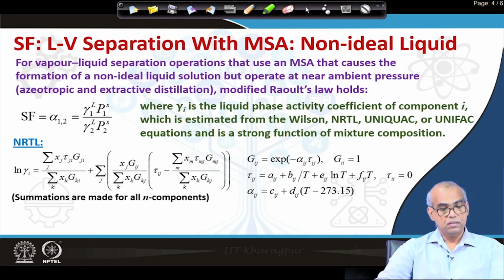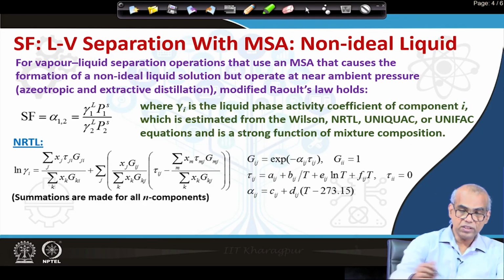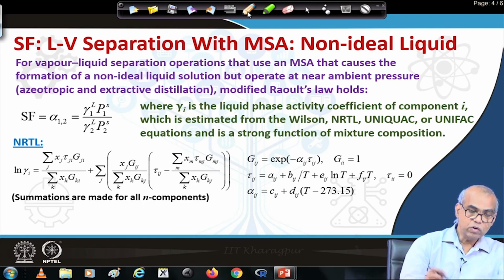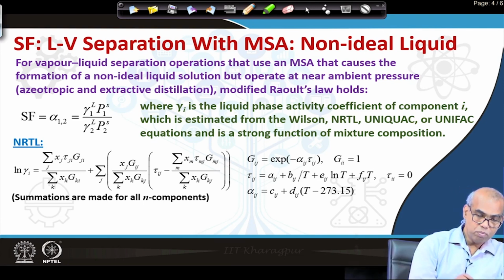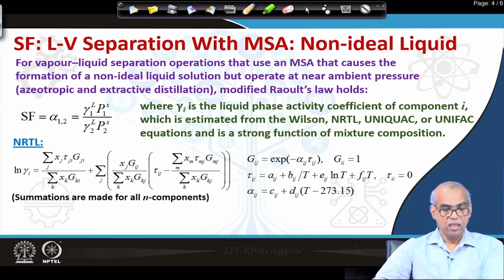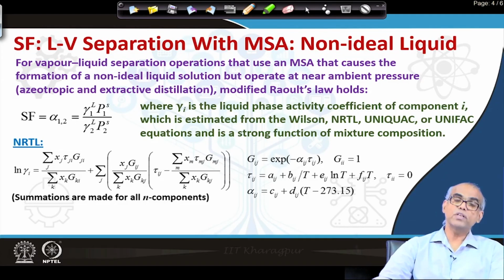Here the NRTL equations, which establish the correlation between the liquid phase activity coefficient gamma i for component i with the liquid phase mole fraction of component x, are shown.